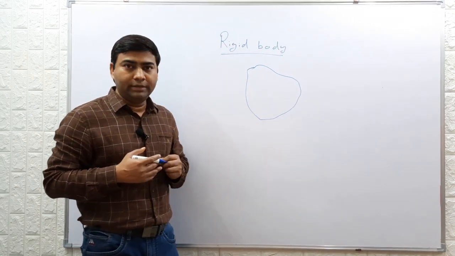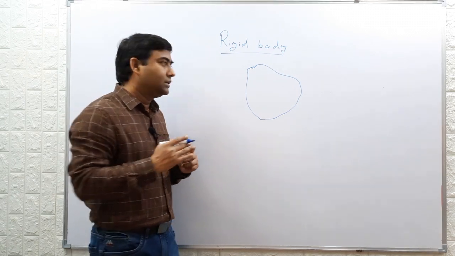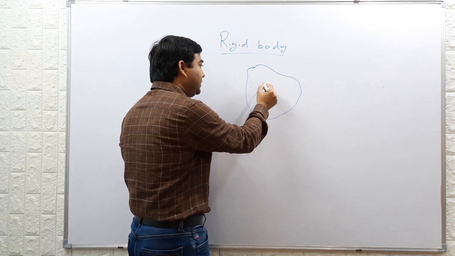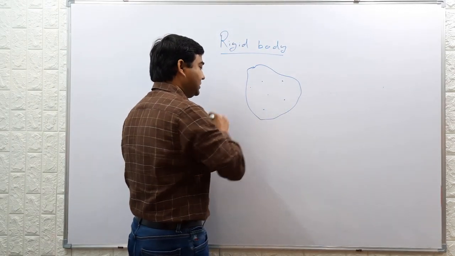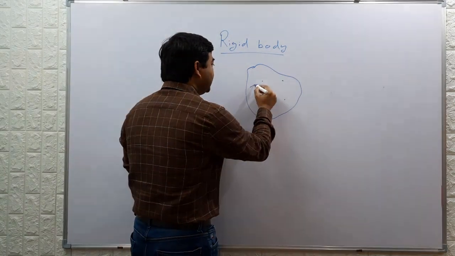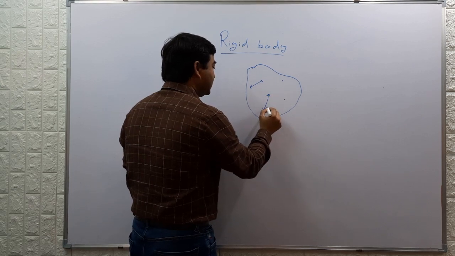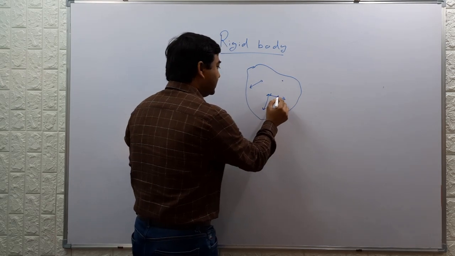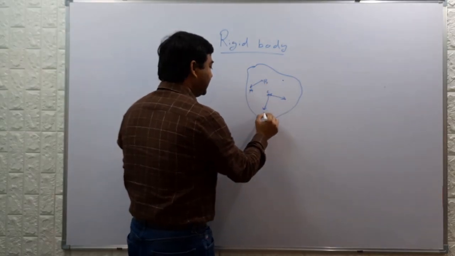But a rigid body, as per its definition, is a body where the different points, different small masses on this object, maintain the same distance under force.